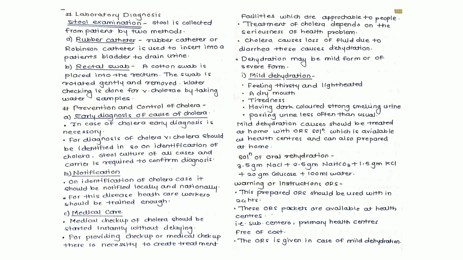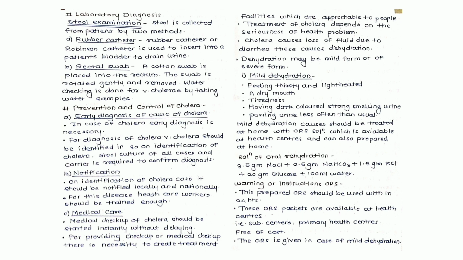Clinical evaluation. The doctor will take a detailed medical history and conduct a physical examination to look for symptoms of cholera, such as watery diarrhea, vomiting, and dehydration. Stool sample testing. The doctor may collect a stool sample to test for the presence of the cholera bacteria. This is usually done using a rapid diagnostic test that can detect the cholera toxin in the stool.